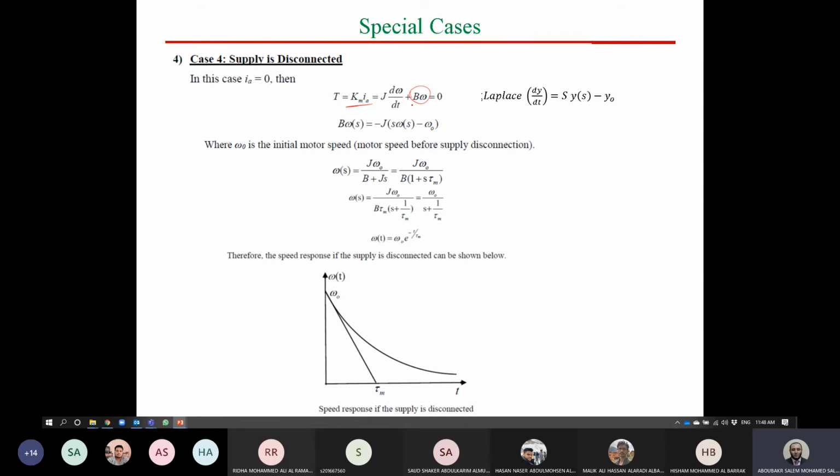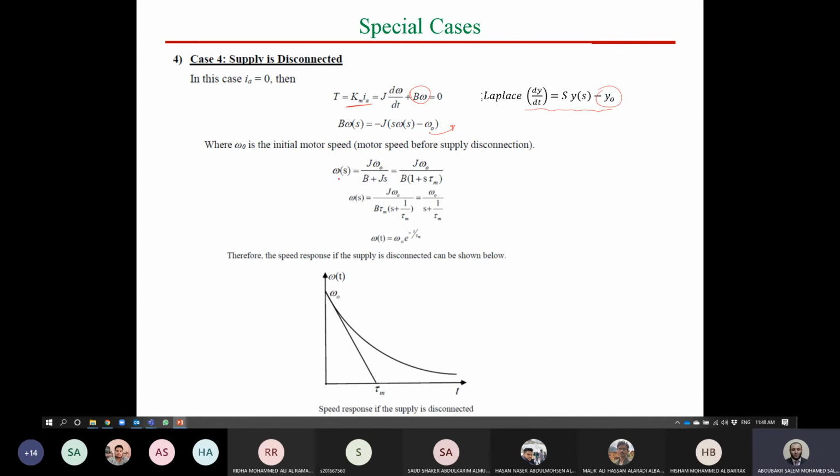If you convert to the Laplace domain, considering the initial condition, this is the Laplace transform of the derivative with the initial condition. So the relation will be B omega of S equals minus J times S omega of S minus omega naught, where omega naught is the initial speed, which means the speed before disconnecting the supply.